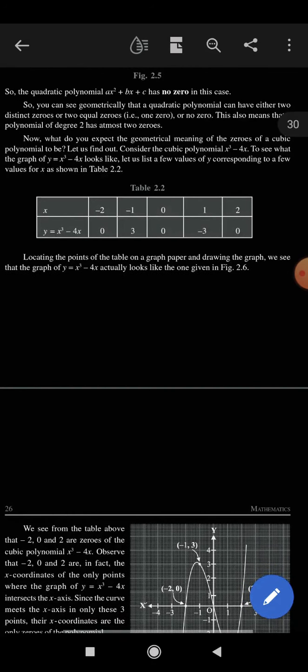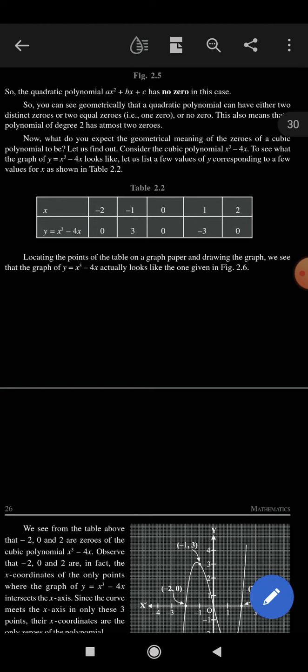Now, what do you expect the geometrical meaning of the zeros of a cubic polynomial to be? Let us find out. Consider the cubic polynomial x cube minus 4x. To see what the graph of y is equal to x cube minus 4x looks like, let us list a few values of y corresponding to a few values of x in Table 2.2.